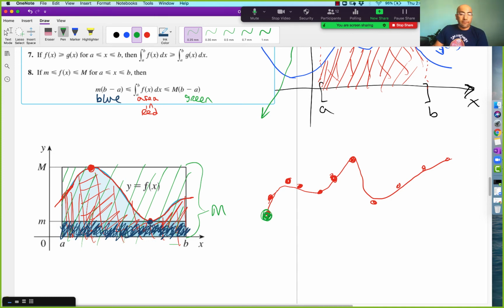If you also happen to know that this is the smallest check, then you could estimate what the other checks are, because if you know this is the smallest, then the next one has to be bigger than that one, and the next one has to be bigger than that one. So you can estimate them all to be this, and this would be your underestimation.